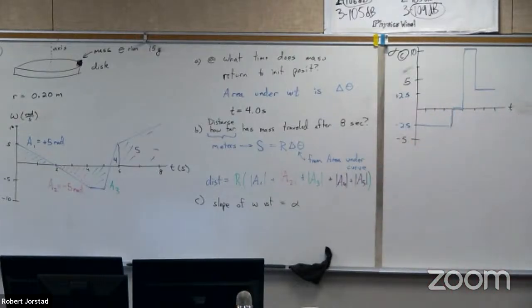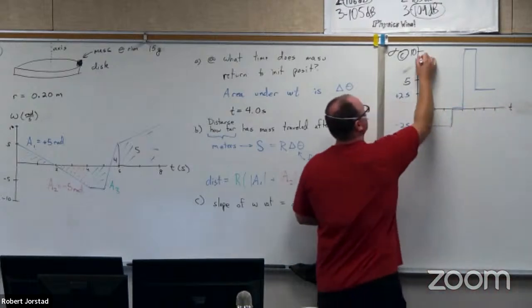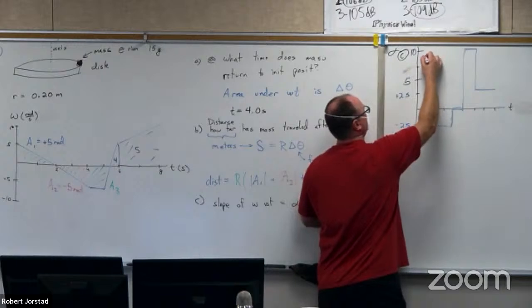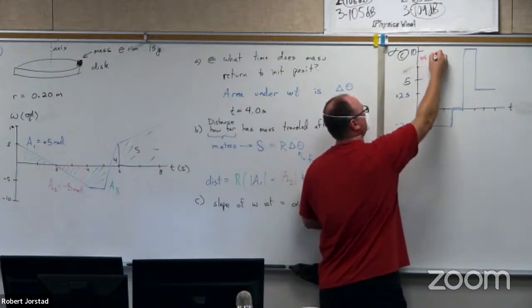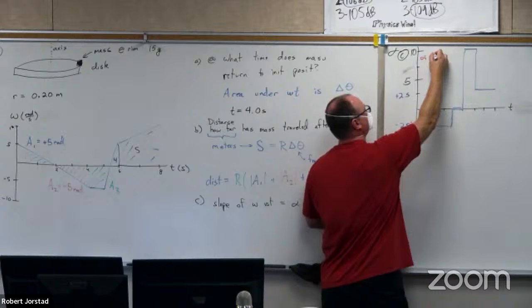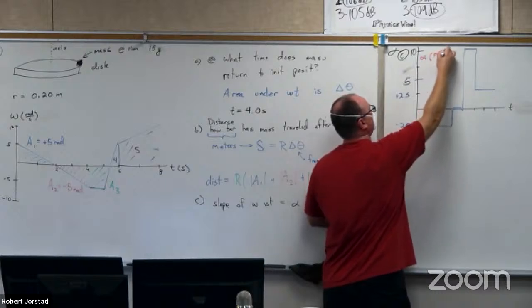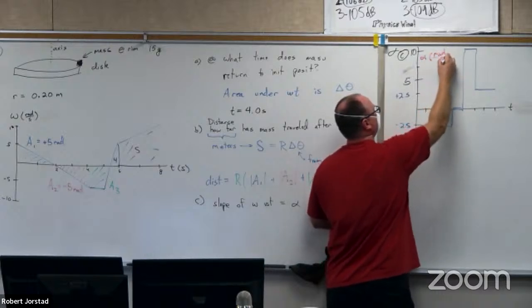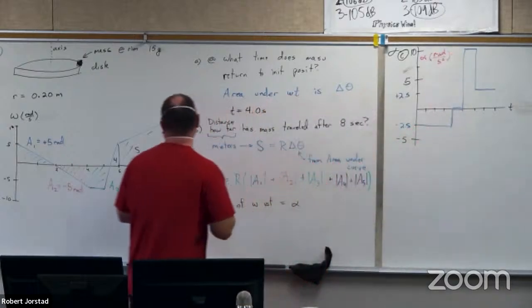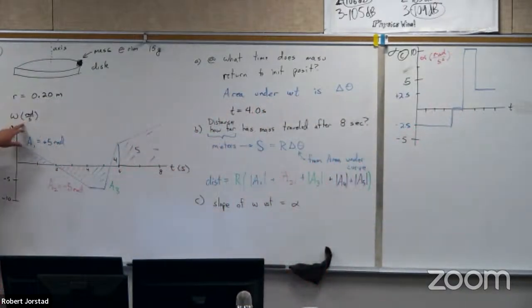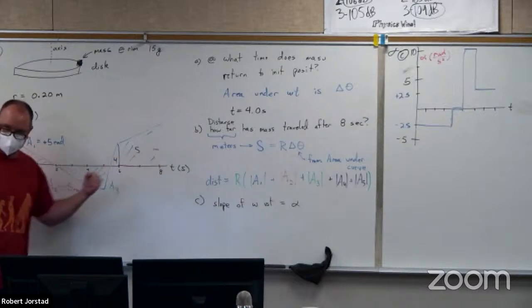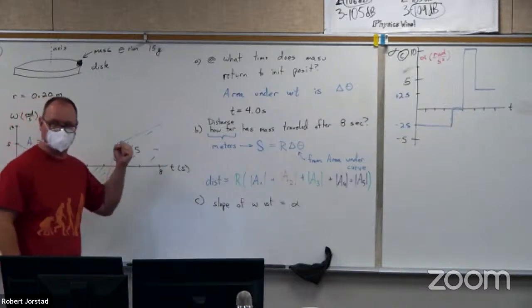So that's alpha as a function of time. What are the units on alpha? Remind me the default. Radians per second squared. That makes sense because we're going to have radians per second over seconds. Rise over run, the units of rise over the units of run.